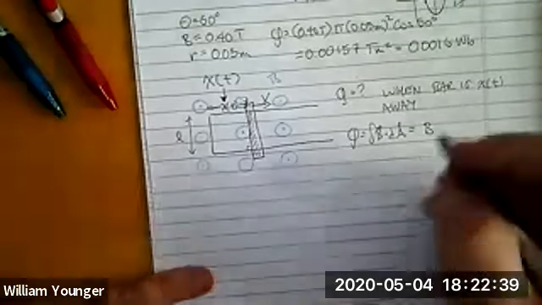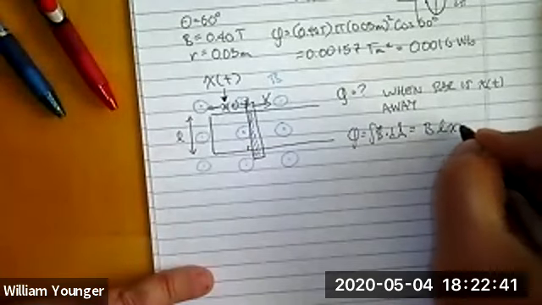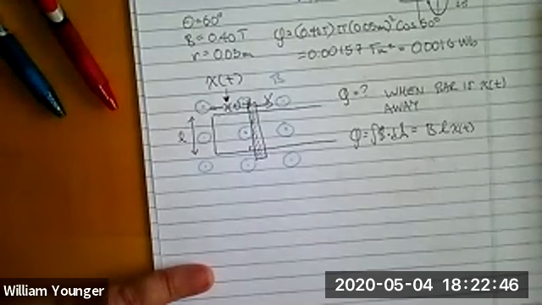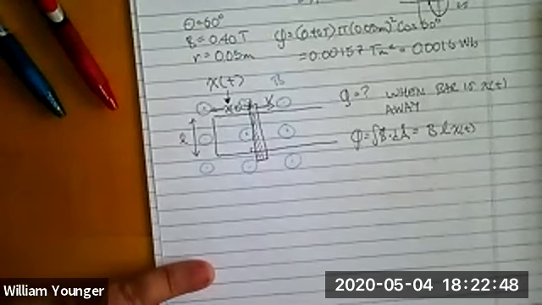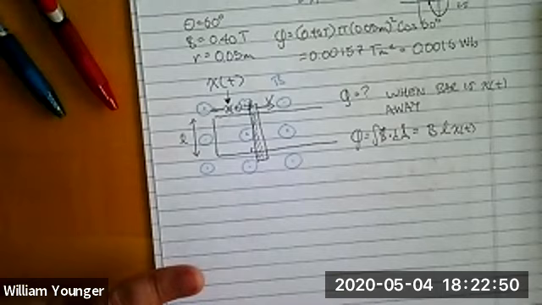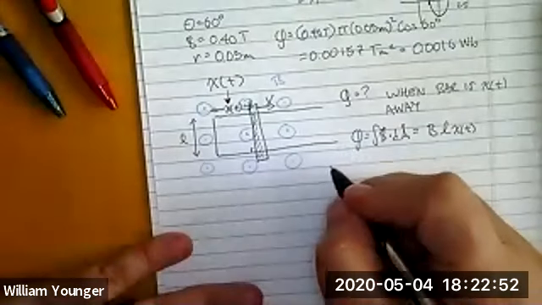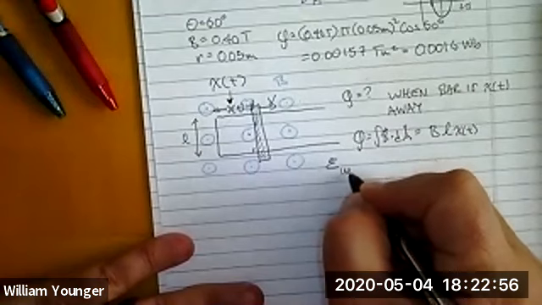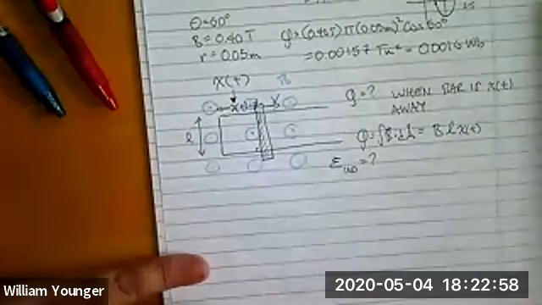How about L times x of t? And x of t just means x is a function of time. Okay, so we now know the flux. Now I'd like to calculate what is the induced EMF. So that might be part B.